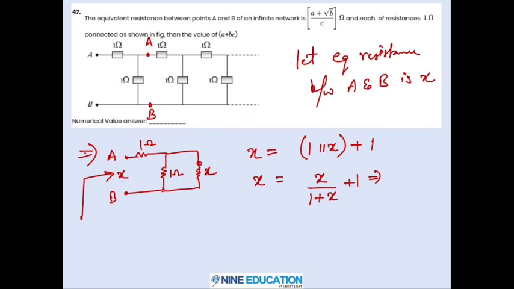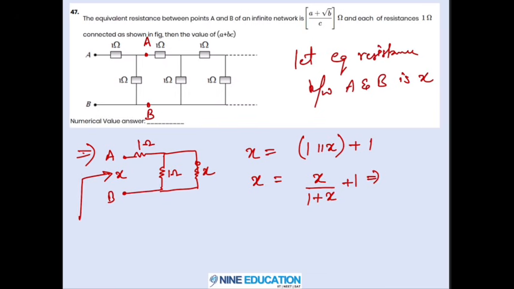So this will become 2X plus 1 divided by 1 plus X. Multiply 1 plus X into X. So this will be X plus X squared, that is equal to 2X plus 1. So you will get X squared minus X minus 1 is equal to 0.